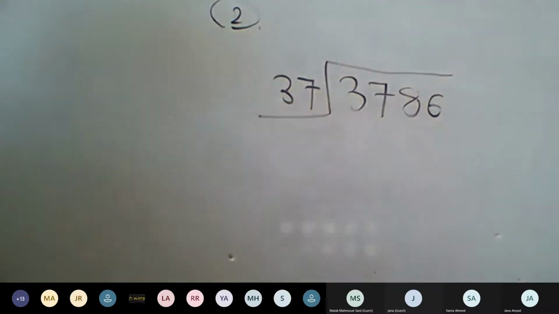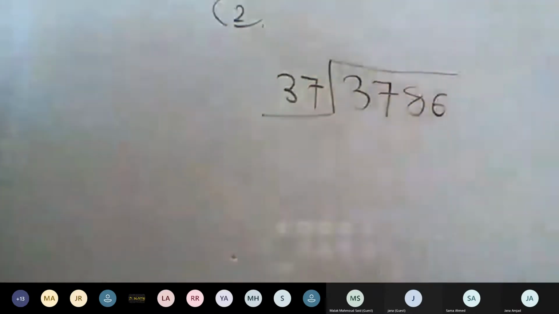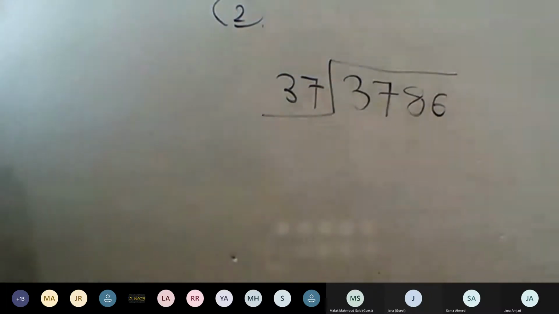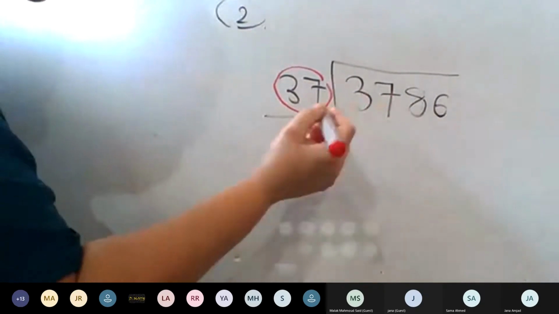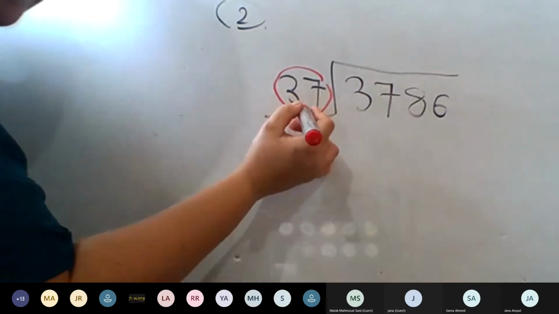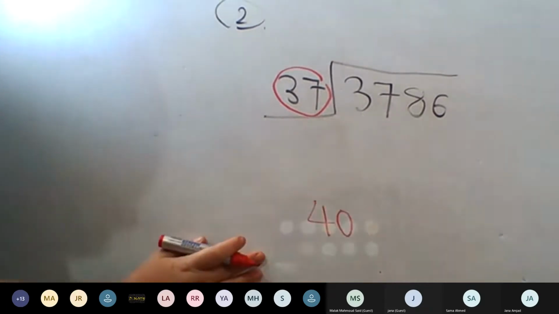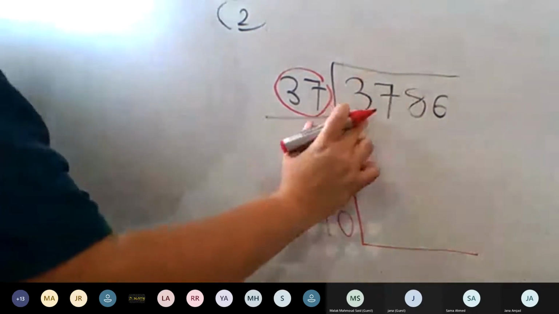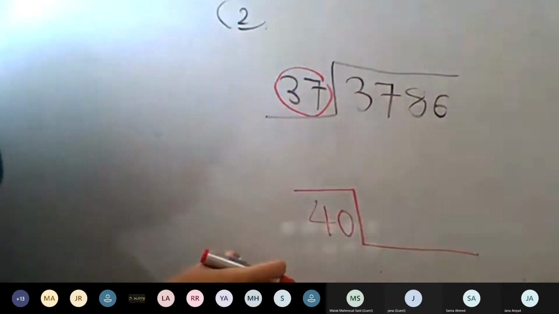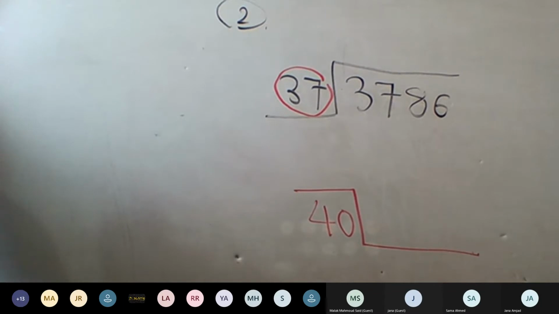As I told you before, first you have to look here at 37 and try to estimate it using the compatible numbers. When we estimate 37, we get 40. And then 3,786.